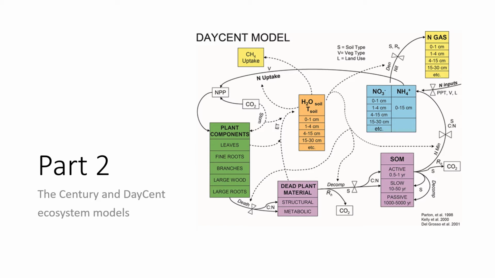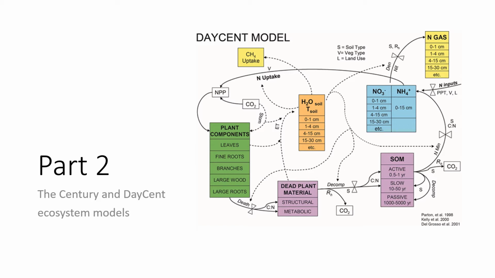There's also soil layers in a soil temperature and soil moisture model in the DayCent model, and there's also inorganic nitrogen in the form of nitrate and ammonium that also occurs in multiple layers in the soil.